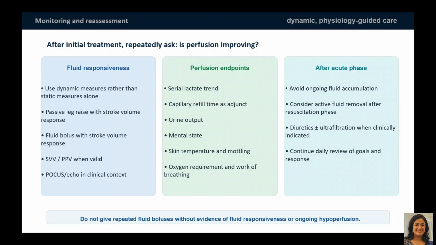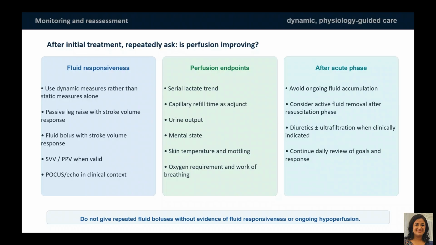Likewise, what is happening to your urine output, mental state, the skin temperature, and what is happening to oxygen requirement and work of breathing. If you're infusing more fluid, what will happen? The lung is the first thing to get congested, isn't it?